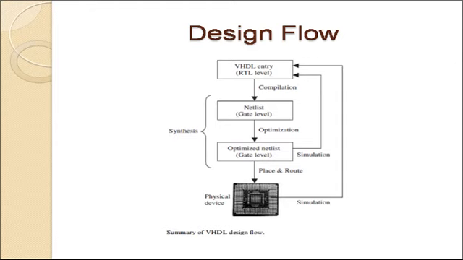Whenever you give this entry or write a VHDL code, that VHDL code gets synthesized. After synthesis, it will generate a netlist. You can have a gate level netlist, as well as you can optimize it and get an optimized gate level netlist.